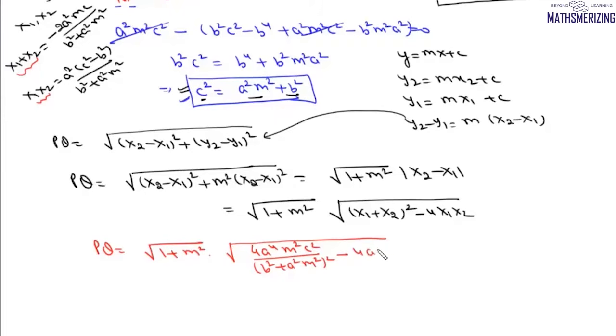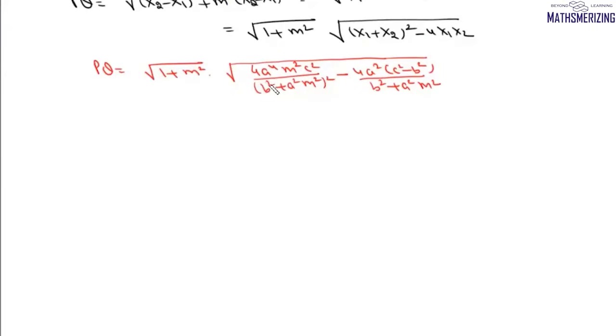It will be 4 a square c square minus b square upon b square plus a square m square. Now from this we can take 4a square common, and we can also take b square plus a square m square common.